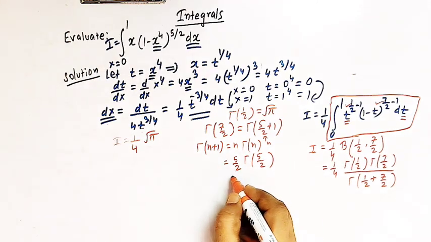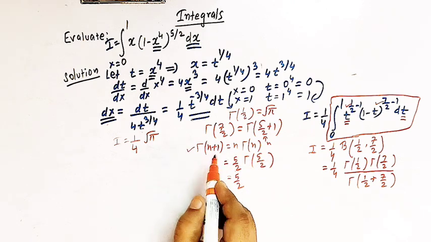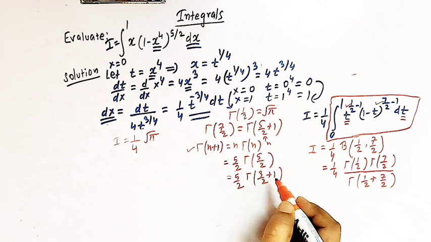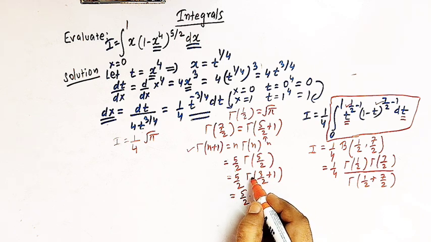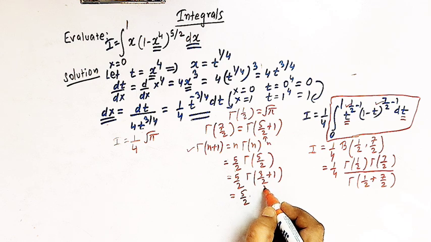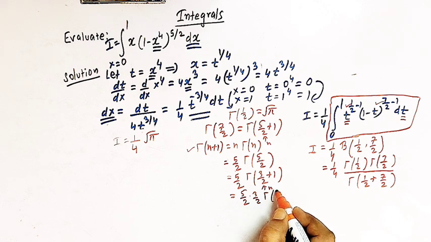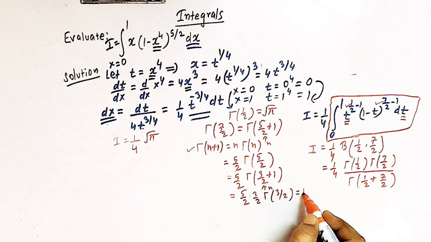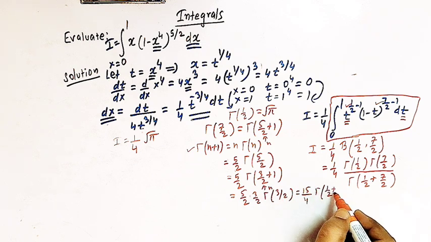So now gamma of 5 by 2 can further be written by using this relation. So we can now write 3 by 2 plus 1. 5 by 2 is 3 by 2 plus 1. And then using this relation, now n is 3 by 2. So here we have 3 by 2 times gamma of 3 by 2, and this is 5 times 3 is 15, and here we have 4, and then gamma of 3 by 2 can be written as half plus 1.